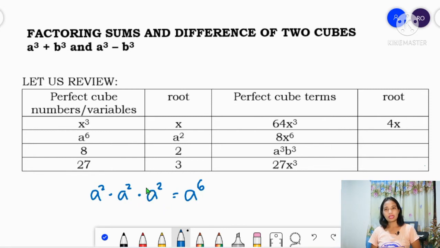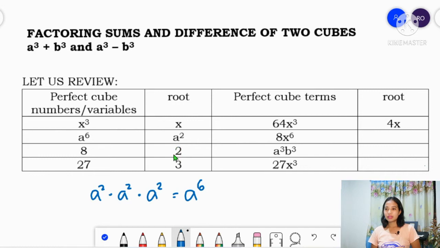Okay, so kung matatandaan nyo sa exponential form, when we multiply the bases, we add the exponent. So, 2 plus 2 plus 2, that is equal to 6. Okay? So, in terms of a number naman, masasabi natin na ang isang number ay perfect cube kung ito ay product ng isang number na minultiply sa kanyang sarili ng 3 beses.